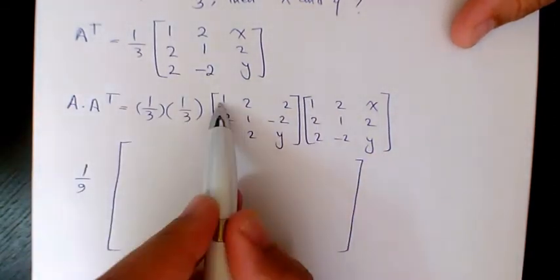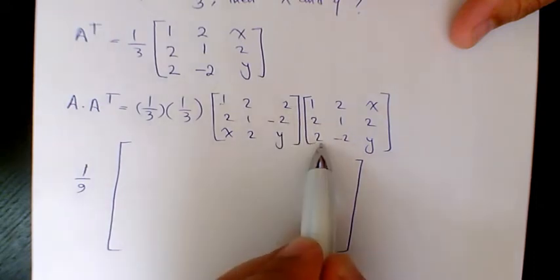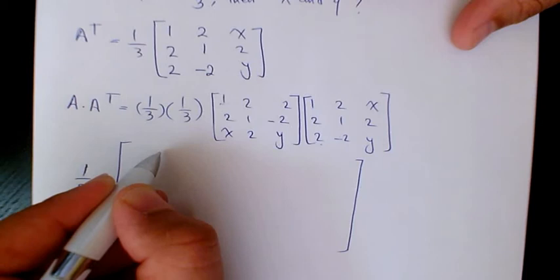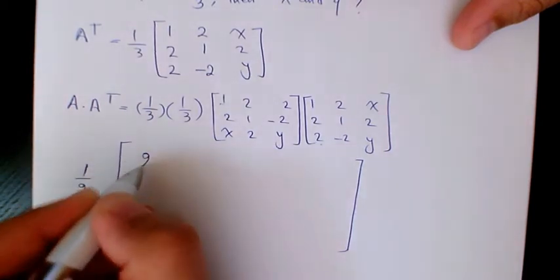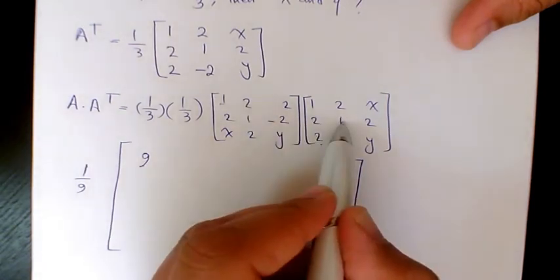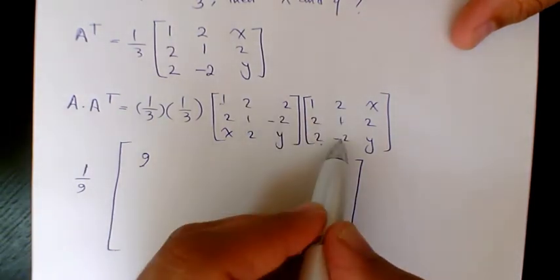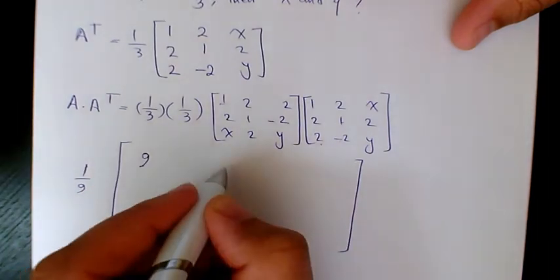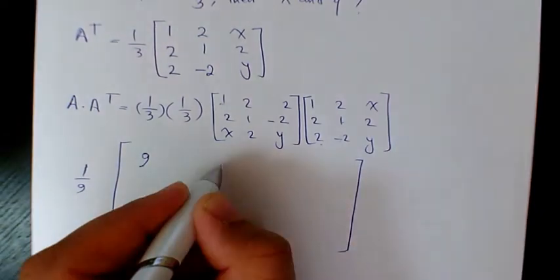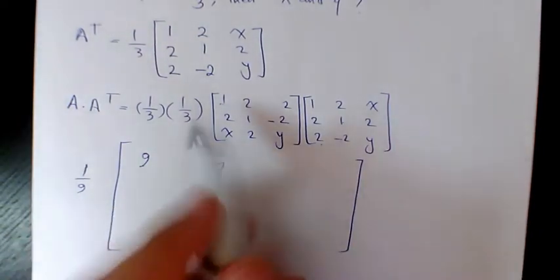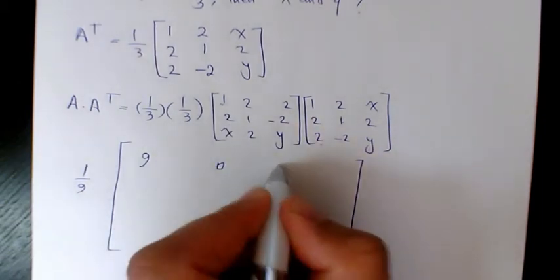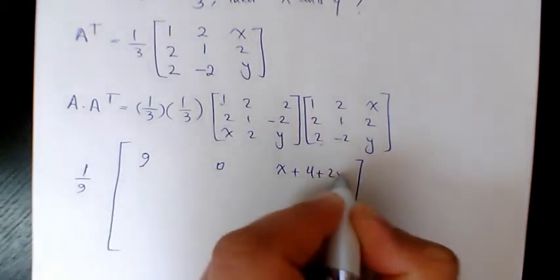Multiply this by this is going to be 1 plus 4 plus 2 plus 4, which is going to be 9. 1 times 2, 2 times 1, 4. It's going to be 0. And then 1 2 2 times x 2 y, that's going to be x plus 4 plus 2y.